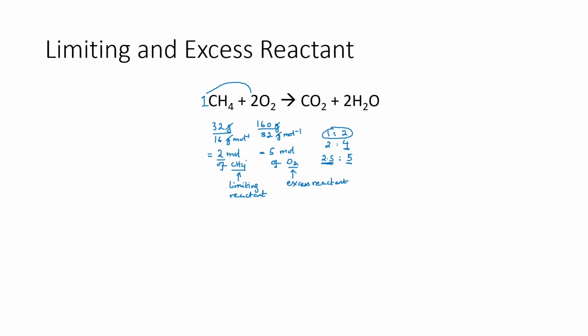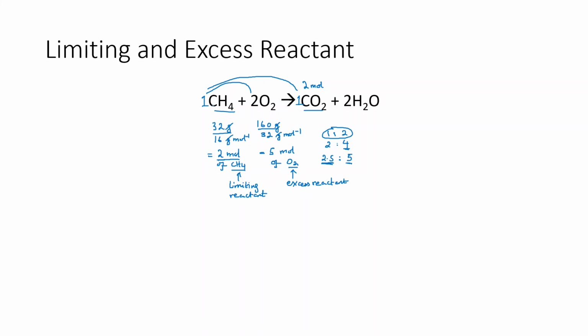So you have 2 moles of CH4. So now we're going to look at molar ratios. So methane over here is CH4, right? So we have 1 mole of CH4, and that is going to produce 1 mole of carbon dioxide, right? So this is a 1 to 1 molar ratio. So if you have 2 moles of methane over here, that should give us 2 moles of carbon dioxide, right?